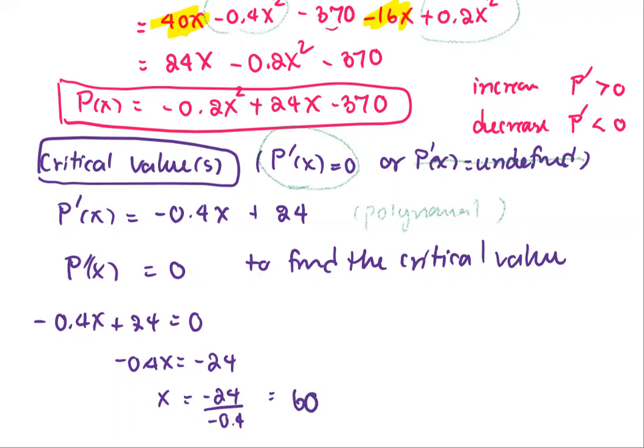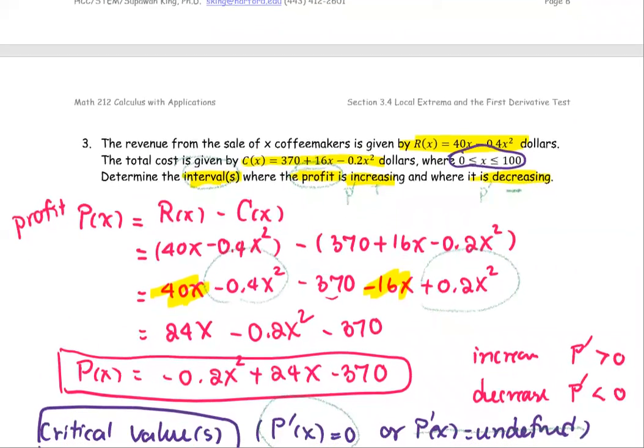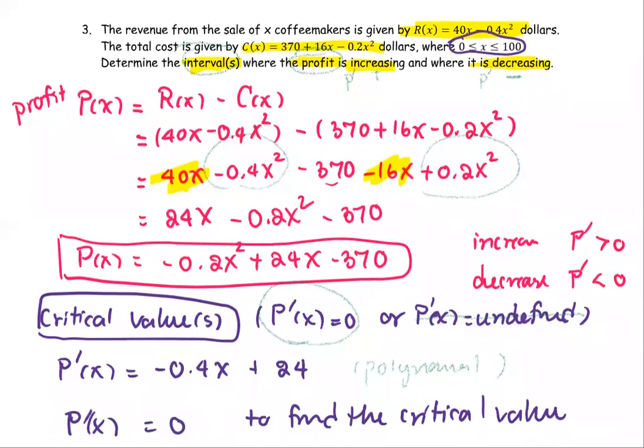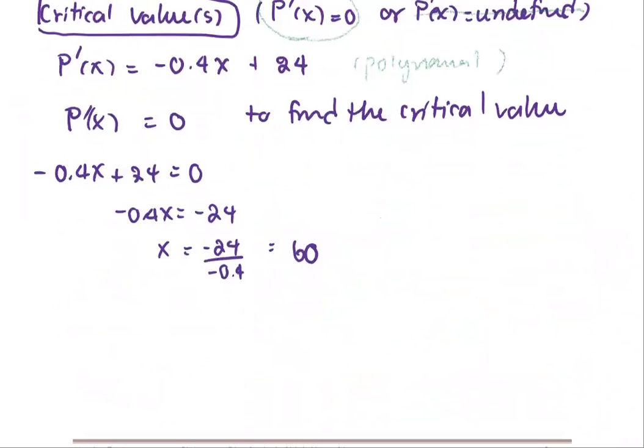Recall x is the production level, or the number of coffee makers, and the number is between 0 and 100. So it's within the range of possible x values.